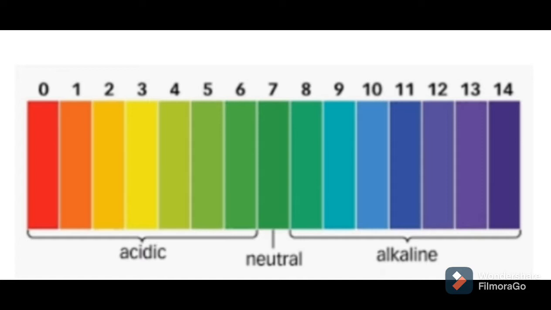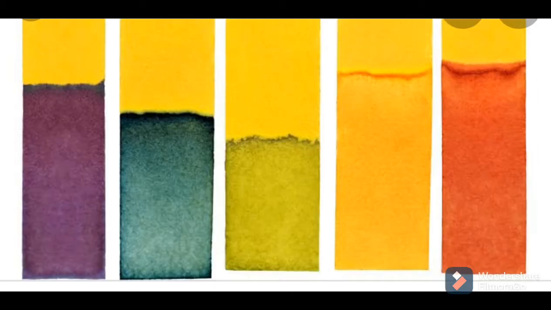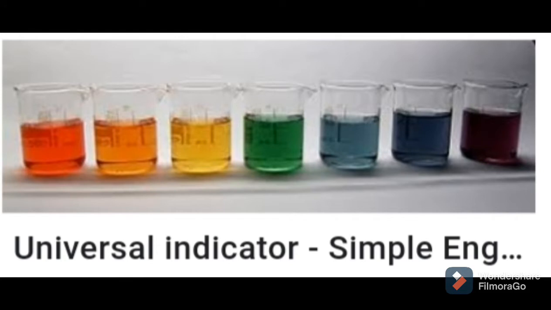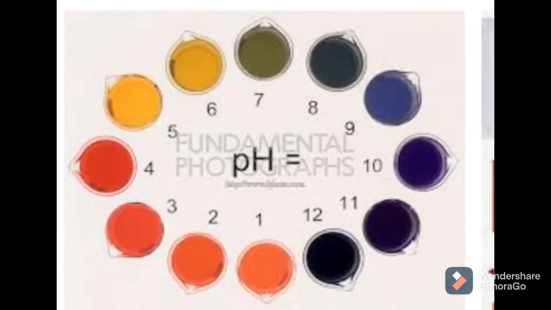Then for acidic solutions, when we check the solution by using universal indicator or pH paper, the color obtained is shades of orange, red and yellow. For basic, we will get shades of blue and purple. All these shades are related to basic nature. And if the color obtained is green, then the pH of the solution is 7 and the given solution is neutral.